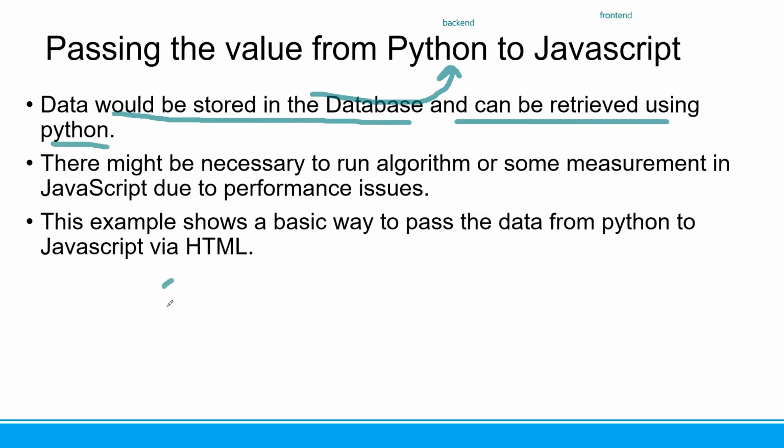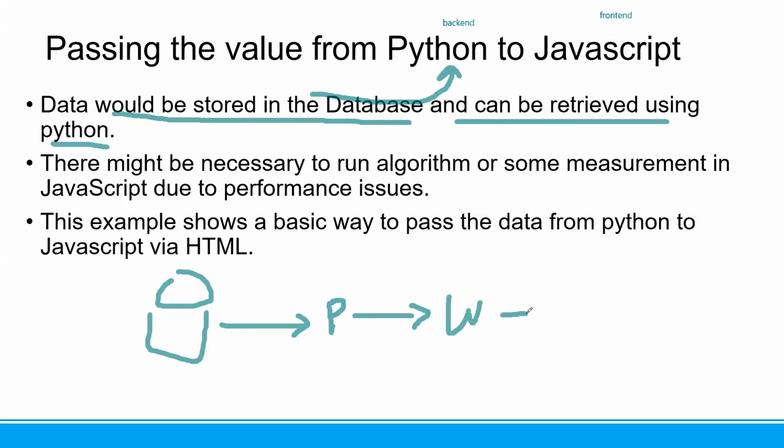So when you have the data, we use Python first, and after we get the data from Python, we can show it in HTML, or we can show something on the web, and then we can pass it into JavaScript. If we want to reduce the computation on the server, we say, okay, let the user do something.